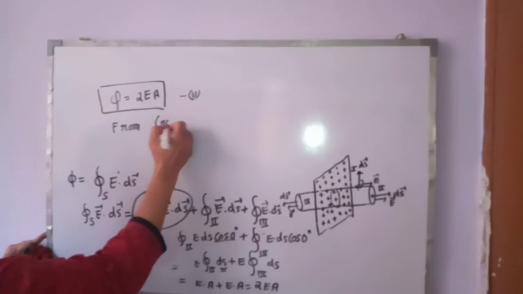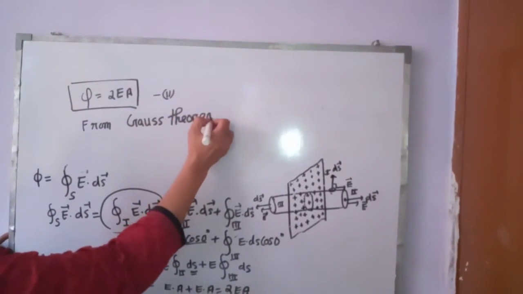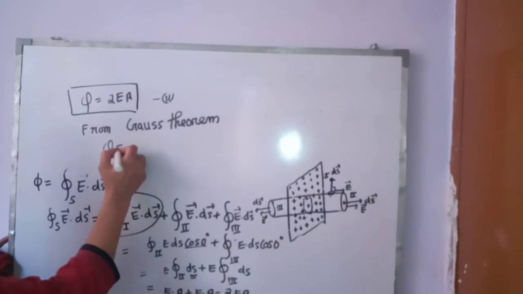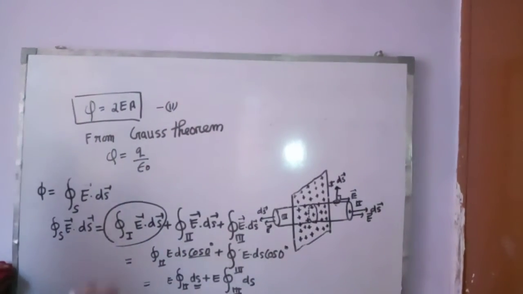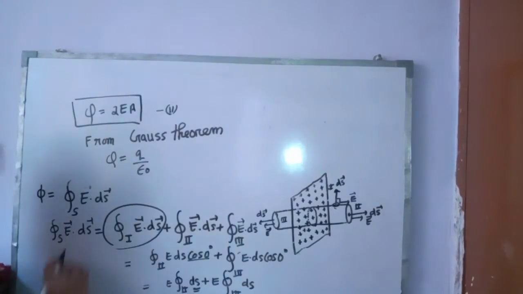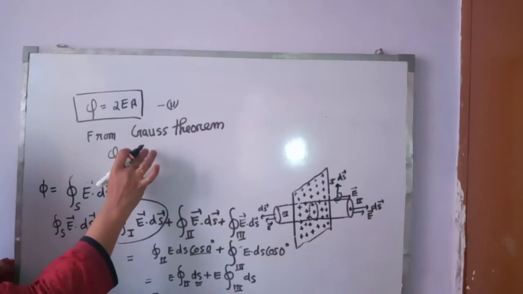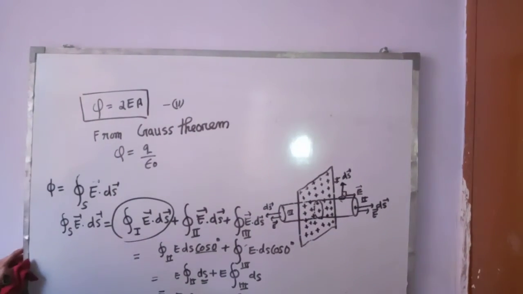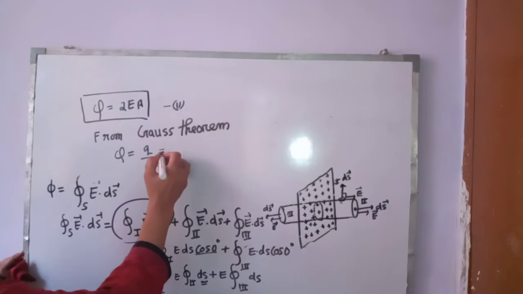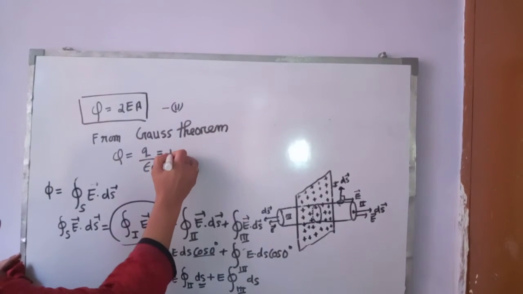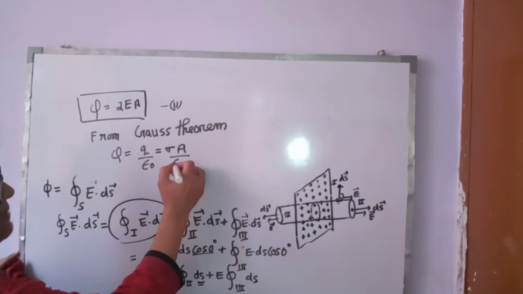You know from the first statement of Gauss theorem that phi is equal to q upon epsilon naught. Now what can be the value of q? Because this is a two-dimensional figure, we take here the surface charge density. Now q in terms of the surface charge density can be written as sigma A upon epsilon naught.